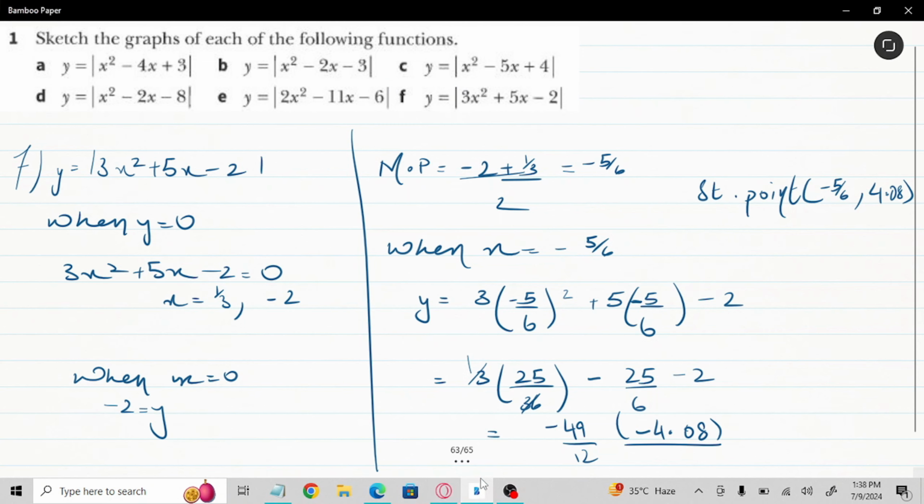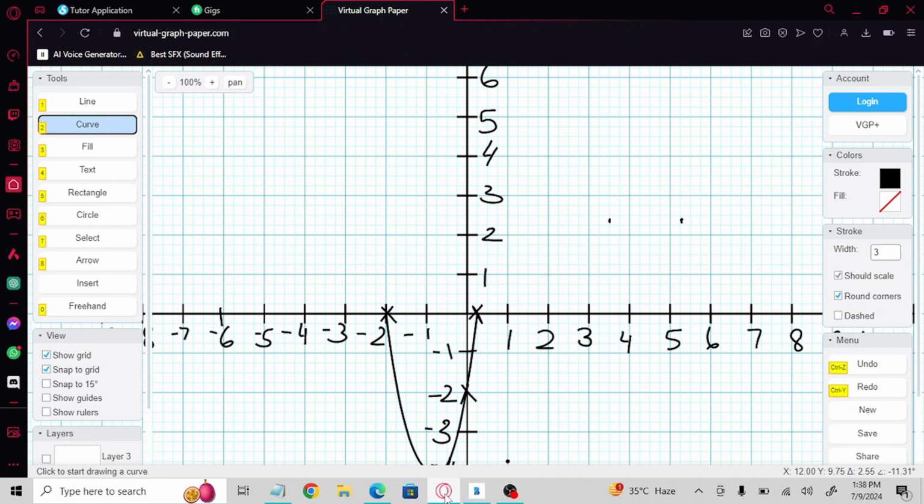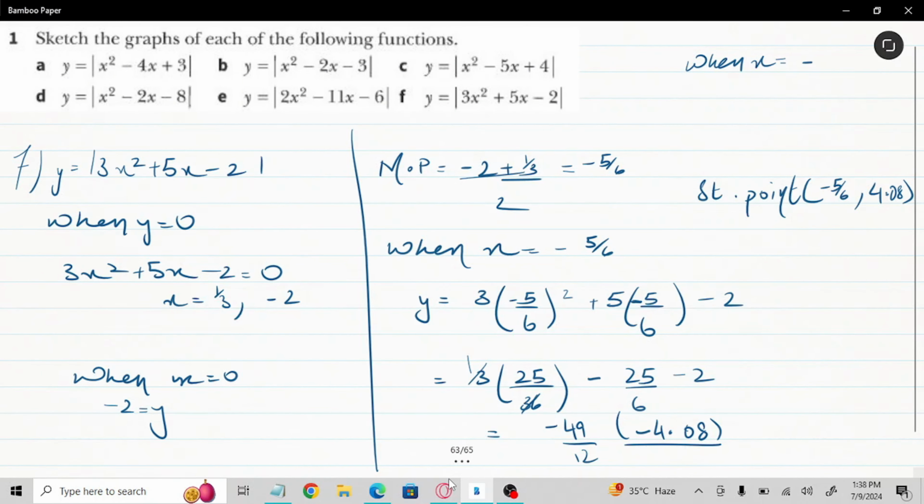What I'm going to do on the side is take when x equals -4. When x equals -4, y is equal to -4 squared multiplied by 3, which is 48. 48 plus 5 multiplied by 4 is 20.